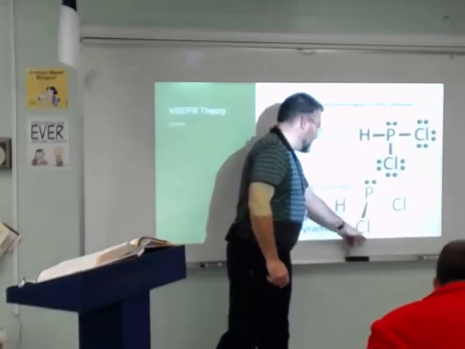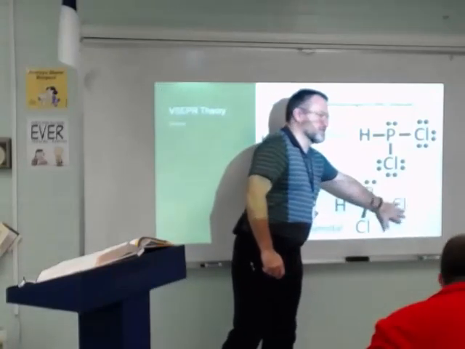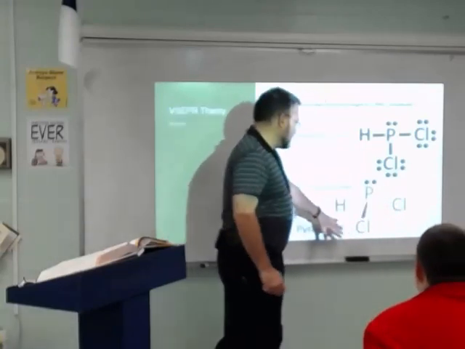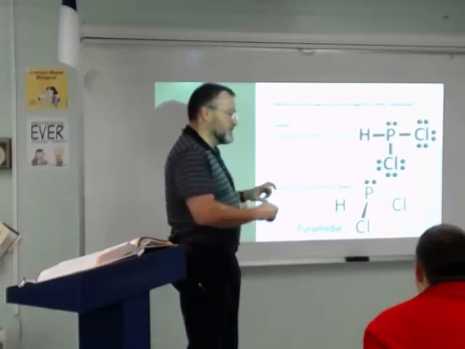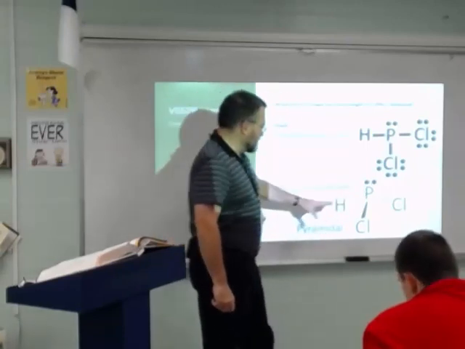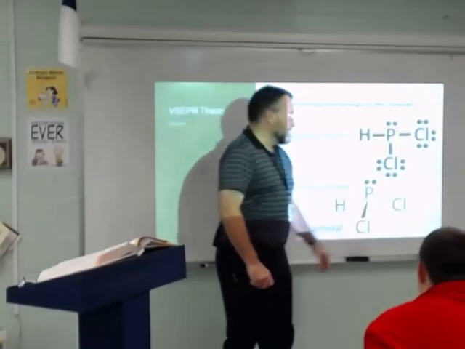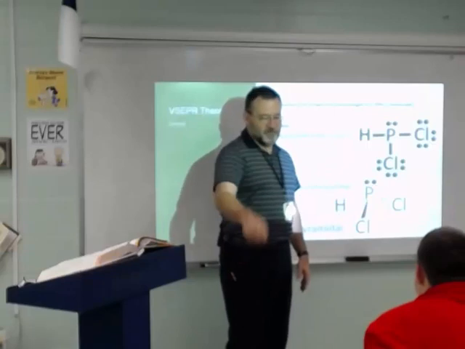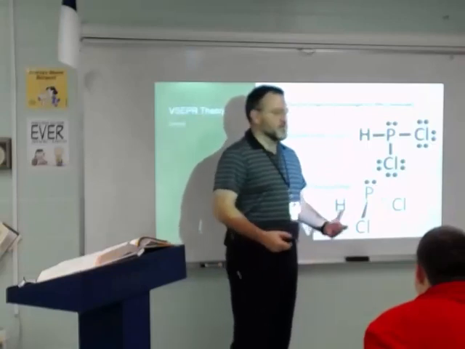There'd be 6 dots around each chlorine, but I didn't want to clutter it up too much. But you can see, based on this, and we're just looking really at the geometries around the pivot atom, that it's a pyramidal. It has 3 legs and a camera on the top, like a tripod. The shape is a pyramidal.